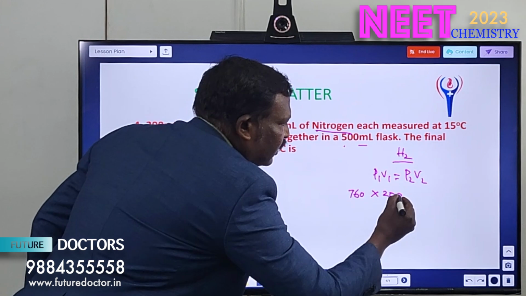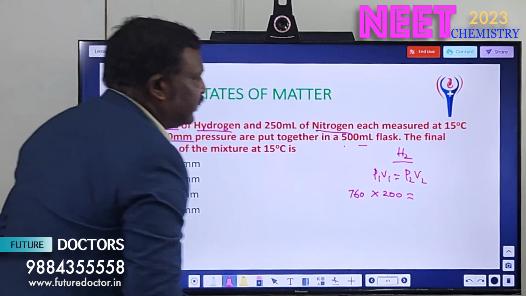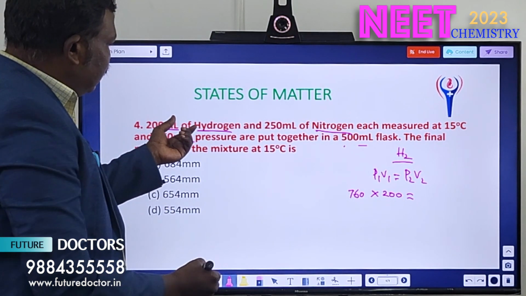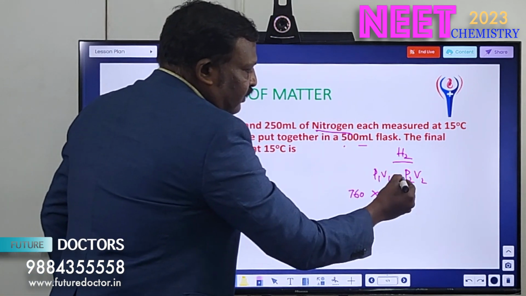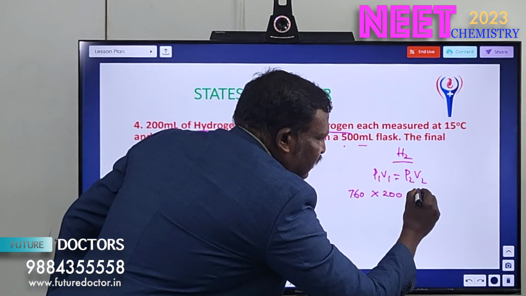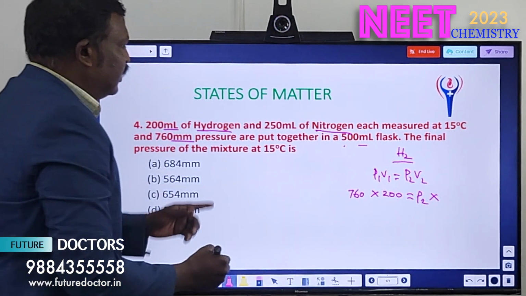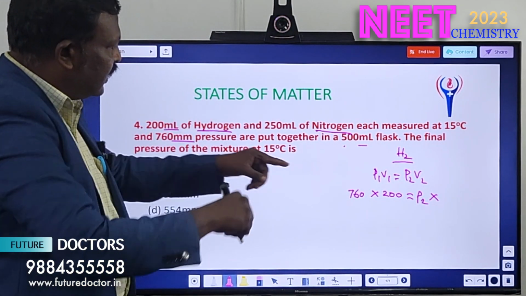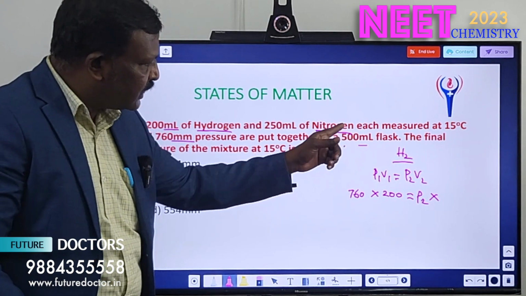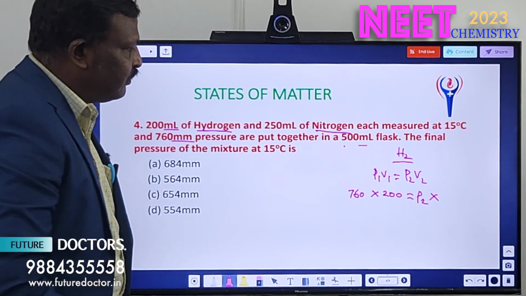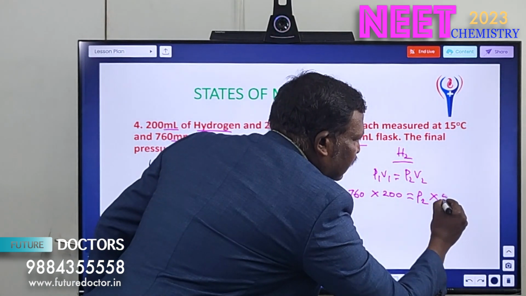760 millimeter of mercury is equal to, our aim is to find the new pressure. The new pressure only is the unknown quantity, into 500, since these gases are put together in the new flask, and the new flask volume is 500.